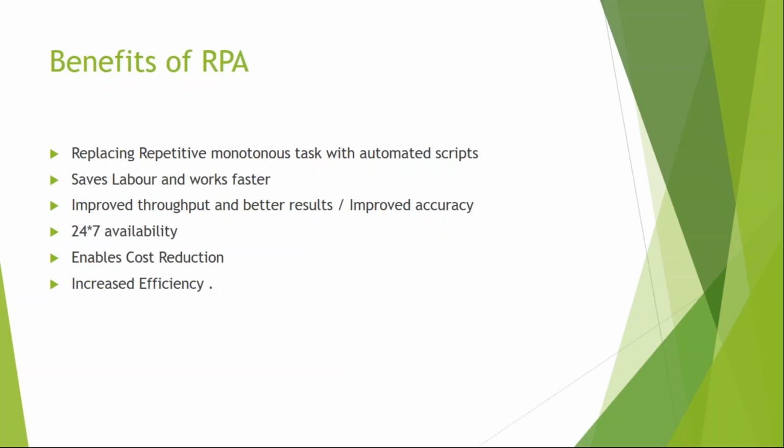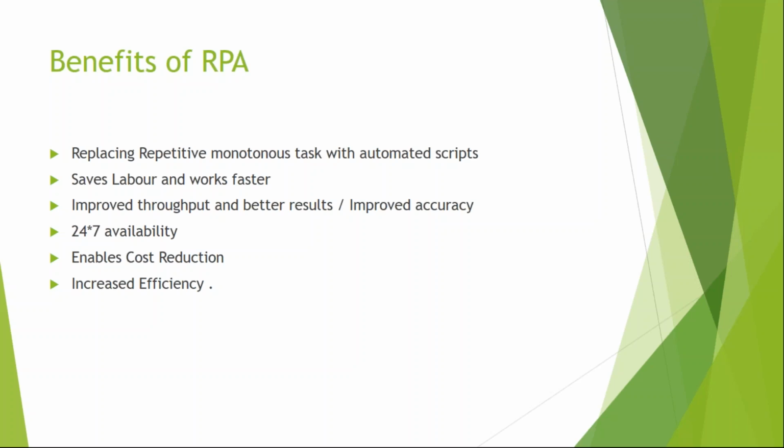That is why industry is looking towards automation these days, so that the daily tasks humans are doing can be done by automation, and those humans can be utilized for some high value tasks. This is the major benefit of RPA: repetitive tasks can be automated and human intervention can be eliminated.